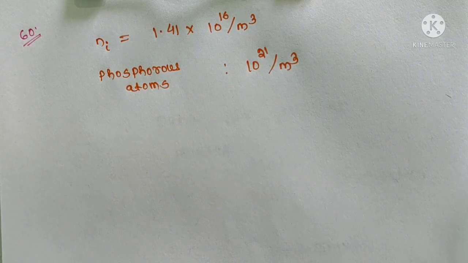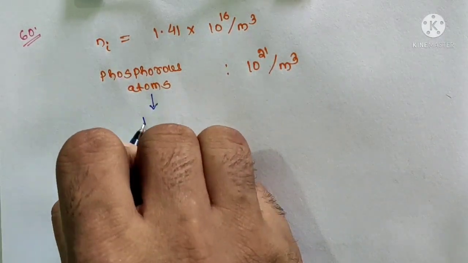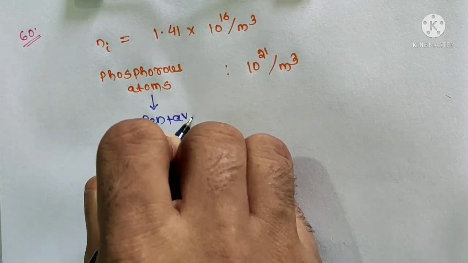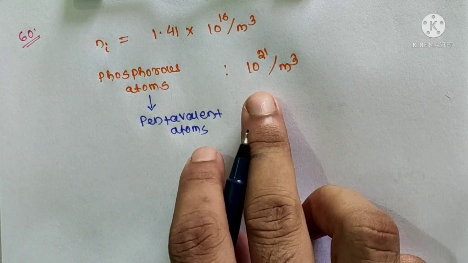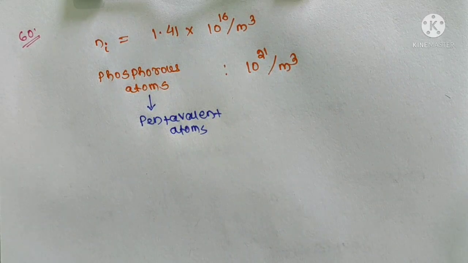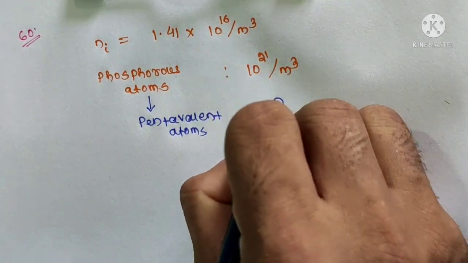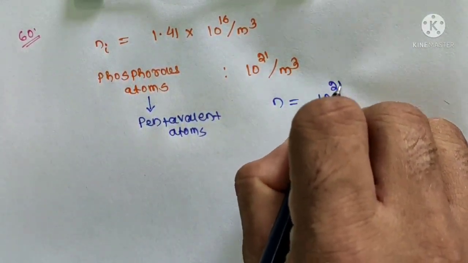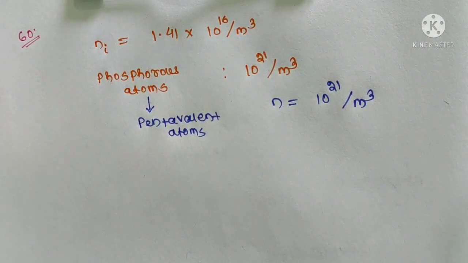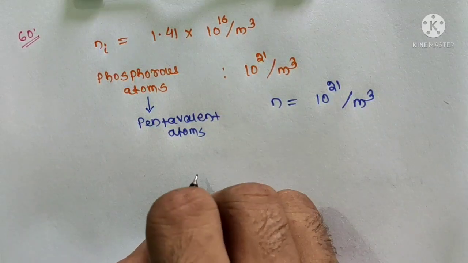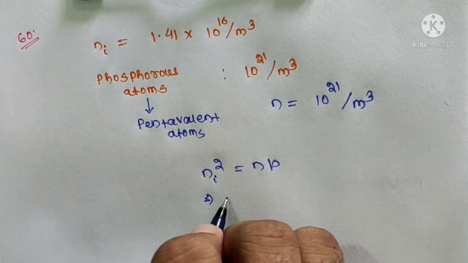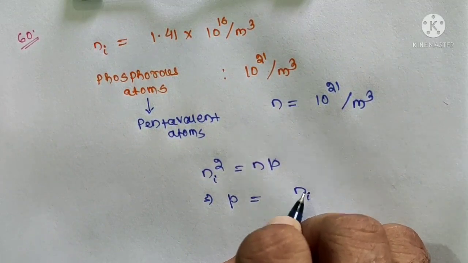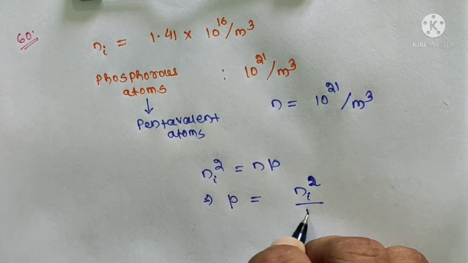And we know that phosphorus atoms are pentavalent atoms. So the given concentration will be taken as concentration of electrons, that is N equal to 10 to the power 21 per meter cube. Now we have to find the concentration of holes, and from law of mass action we know that Ni square equal to Np. So from here concentration of hole, that is P, equal to Ni square over N.